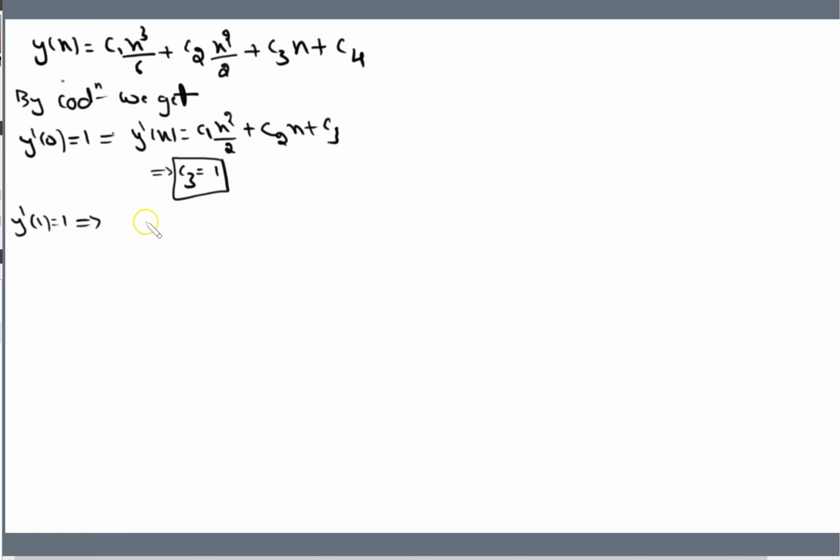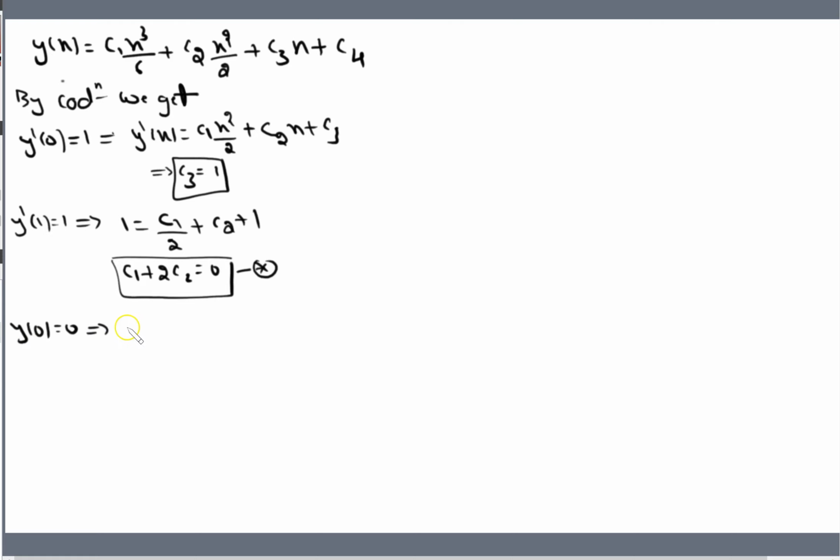It implies that 1 is equal to c1 by 2 plus c2 plus 1. It implies c1 plus 2 times c2 is equal to 0. We call this equation star. And y of 0 is equal to 0.